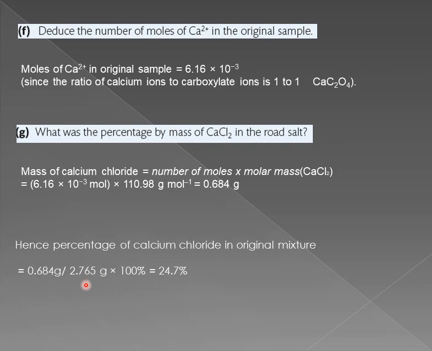But the sample mass was 2.765. That means the percentage of calcium chloride in this sample was 0.684 divided by the total mass of the sample that we used times 100 equals 24.7%. What about the rest? The rest was sodium chloride, the other salt.